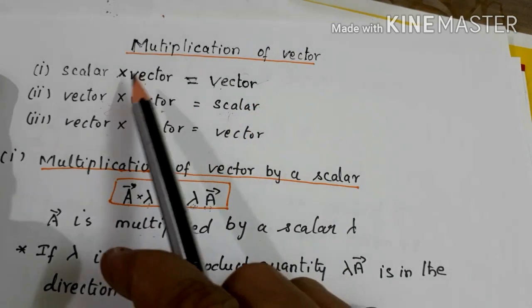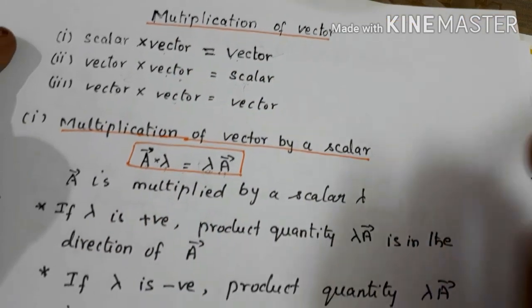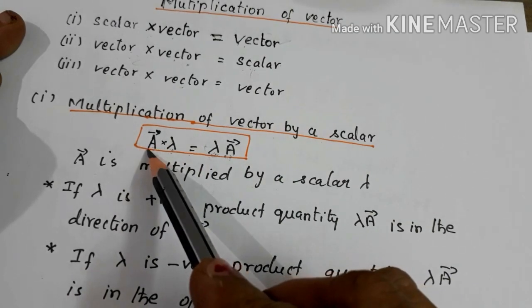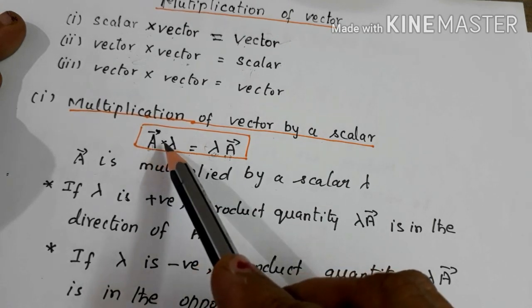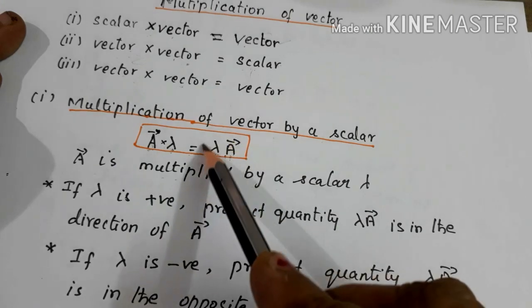Okay. First we will discuss the scalar multiplied by a vector. Now you will see the first one, multiplication of a vector by a scalar. So a vector is multiplied by this scalar. Lambda is a scalar. Okay. So multiply scalar and a vector. The resultant will be a vector quantity, right?